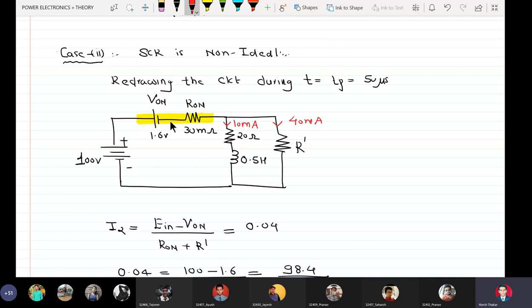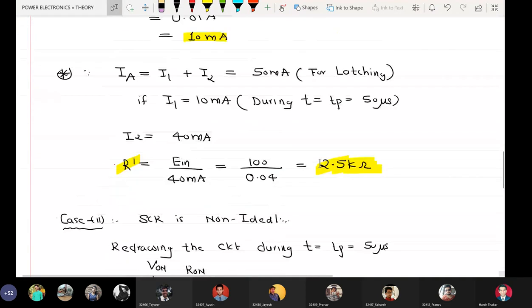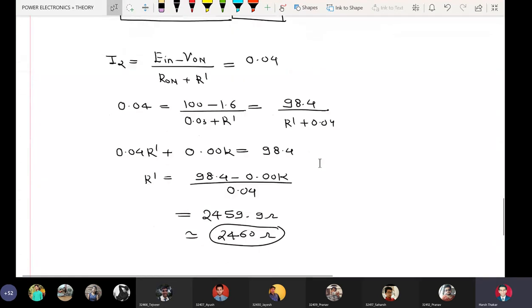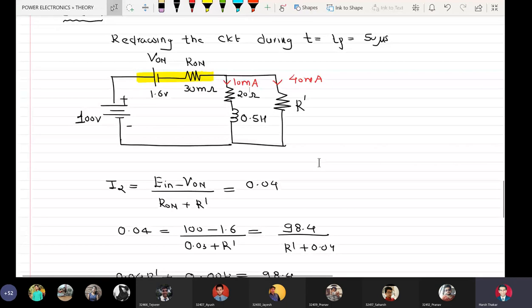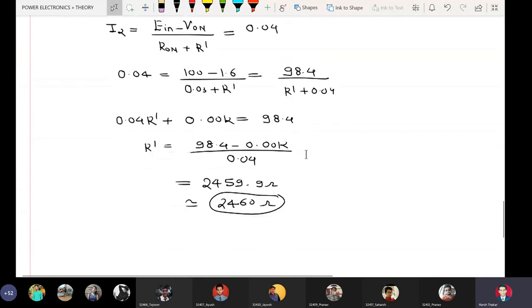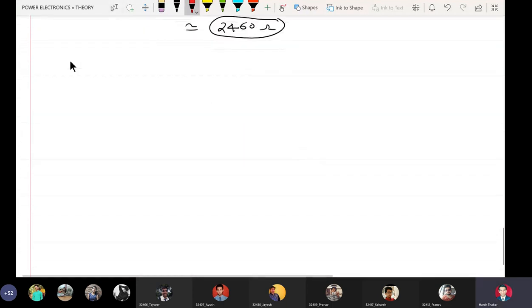The only difference is that initially the SCR is not offering any on-state voltage drop and on-state resistance; here it is offering. Only this branch is changing, otherwise everything else remains the same. Thank you, sir. Yeah, that is the only reason. So the value of I1 will remain the same because the pulse duration is remaining the same. Fine.